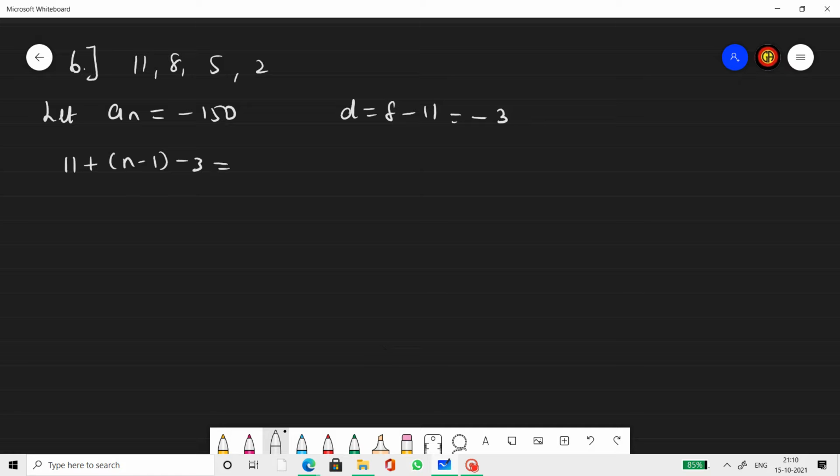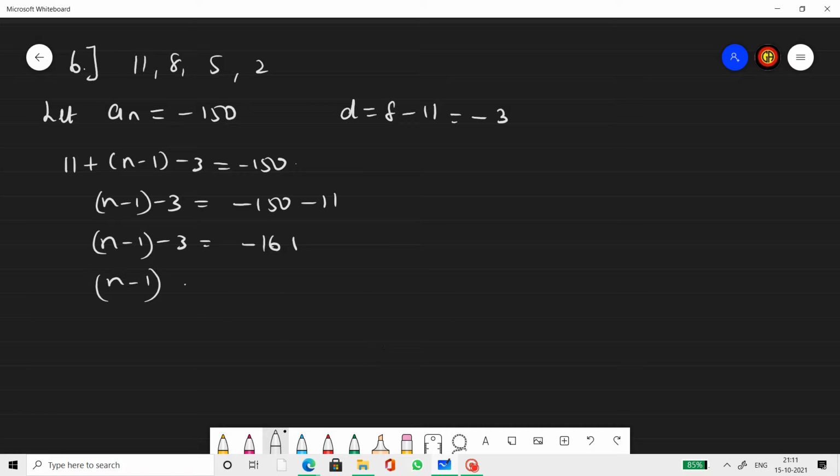So 11 plus n minus 1 into minus 3 equals minus 150. So n minus 1 into minus 3 equals minus 150 minus 11. n minus 1 into minus 3 equals minus 161. So n minus 1 equals minus 161 by minus 3.